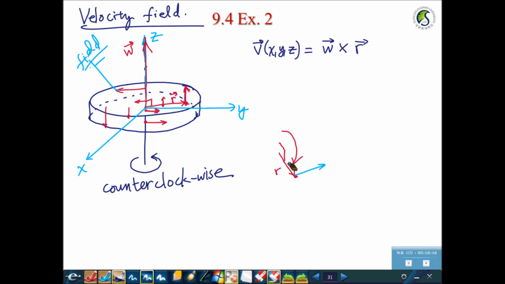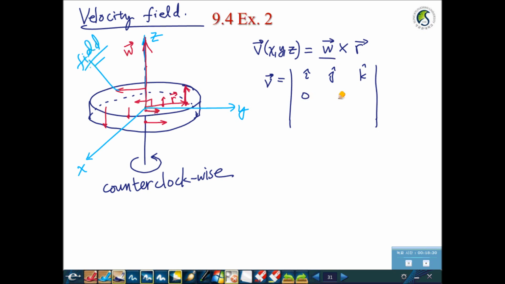V vector is i, j, k, and the rotational velocity has a component on the z-axis only, because it is rotating around the z-axis.